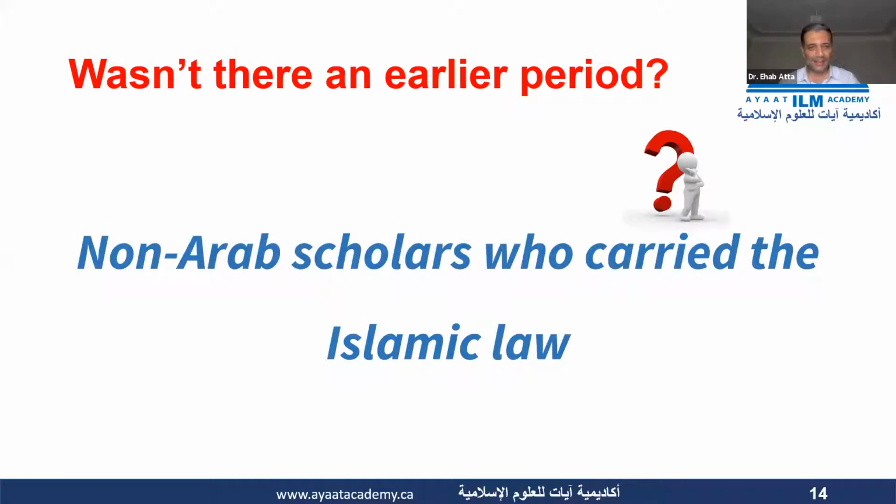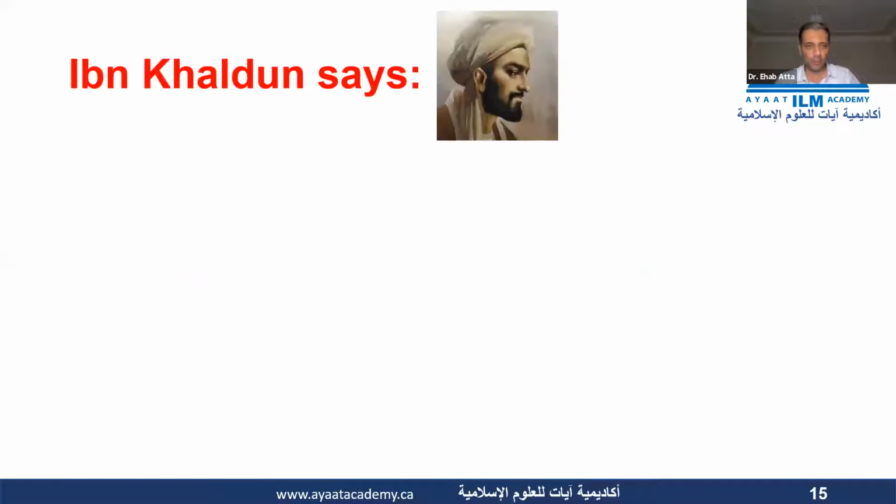Let's have the answer. Non-Arab scholars who carried the Islamic law. Let's go to an earlier period now. It's not the 18th or the 19th century, but let's go for a few minutes to the non-Arab scholars who carried the Islamic law.